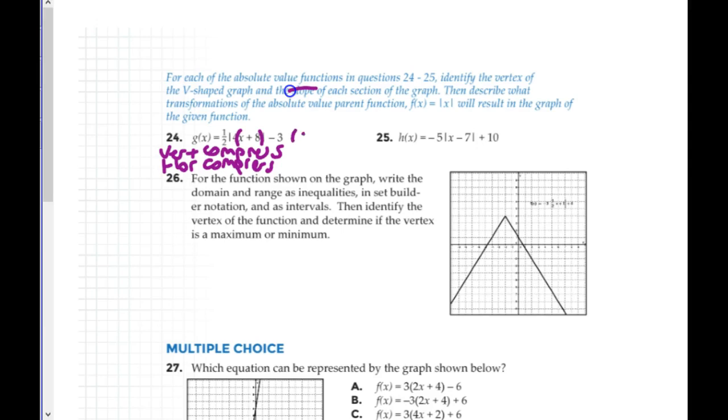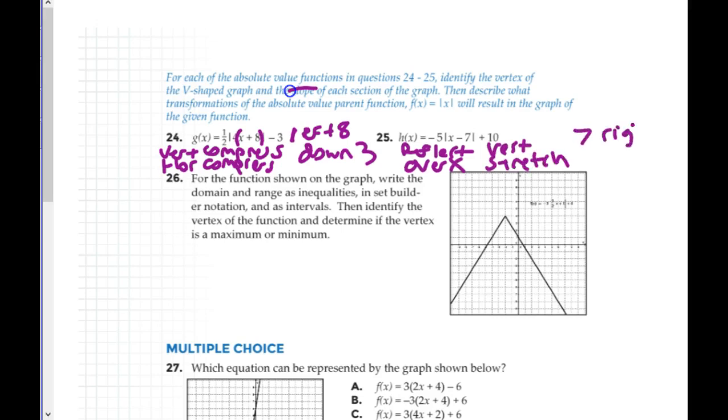Okay, so it'll be left 8, down 3. Alright, so this is a reflect over x because of that negative sign. Vertical stretch of 5. 7 right, and then 10 up.